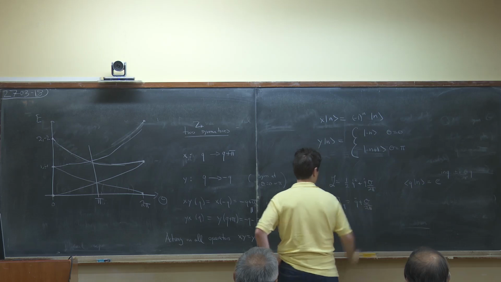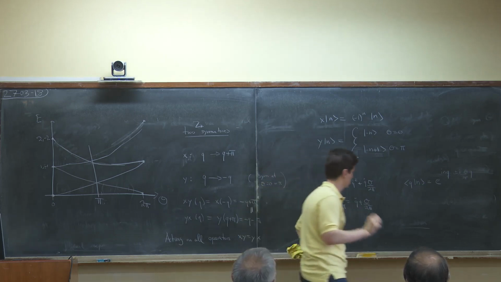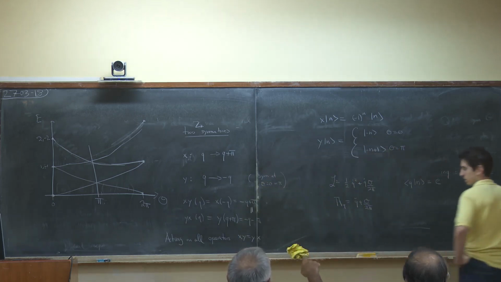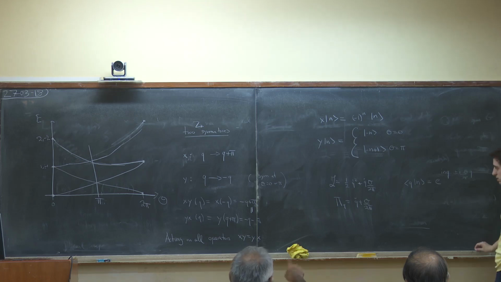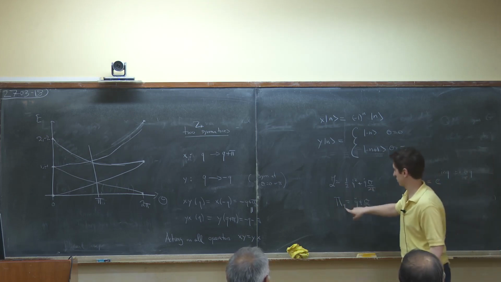And this conjugate momentum has to be minus i d by dq or whatever. Yeah, exactly, that's what I did. And therefore the wave function was e to the i n q. And the energy spectrum was n minus theta over 2 pi. That's exactly what I did, just by rewriting this in terms of this.